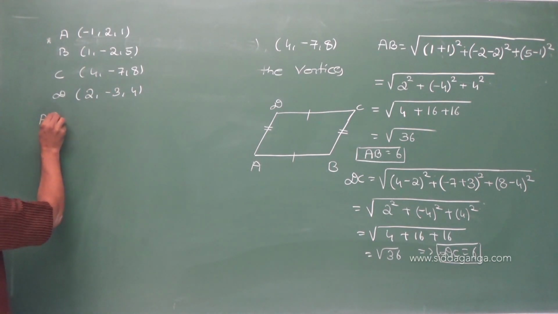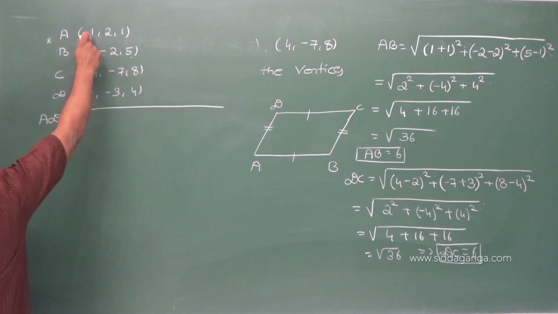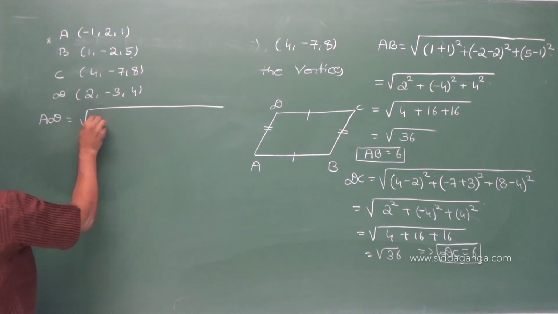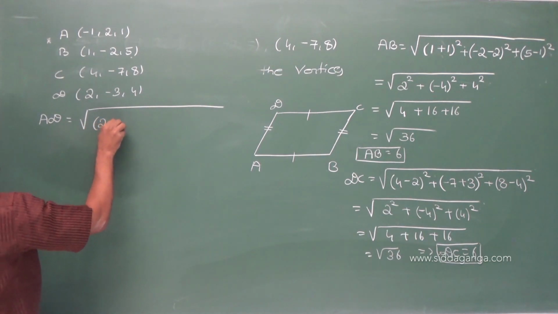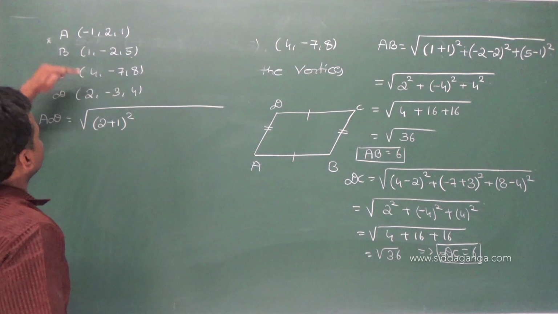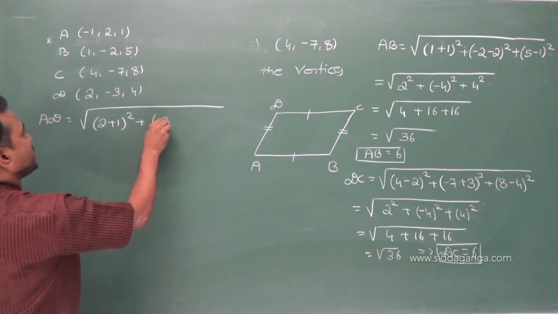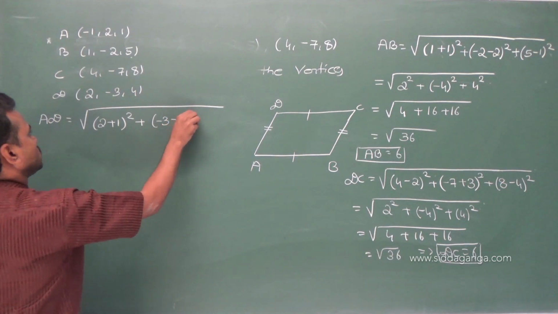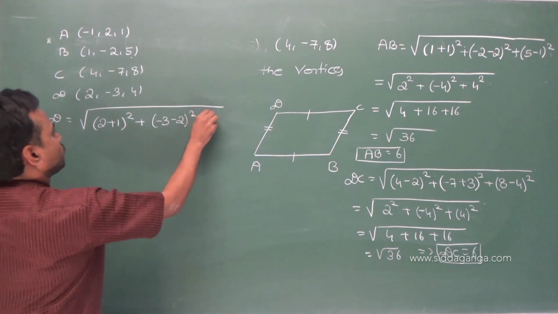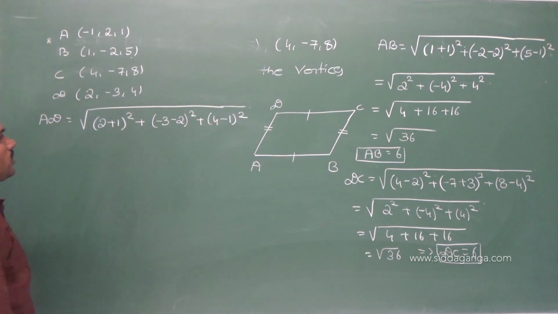AD distance is the square root of (2 minus of minus 1) whole square, that is x2 minus x1, plus (-3 minus 2) whole square, plus (4 minus 1) whole square.